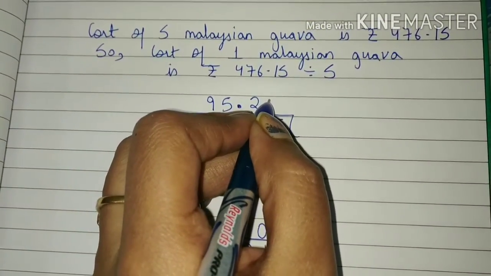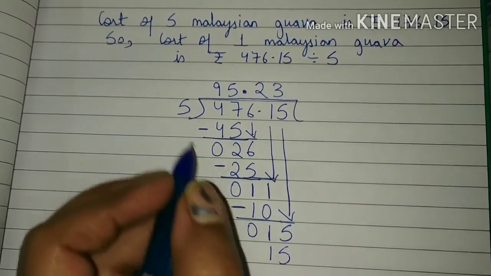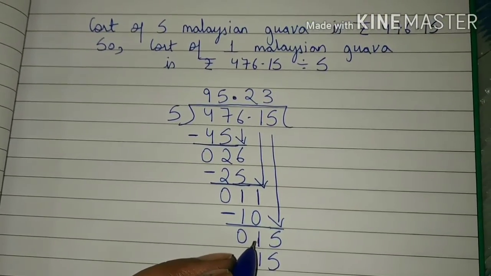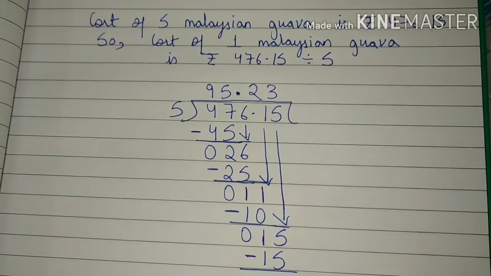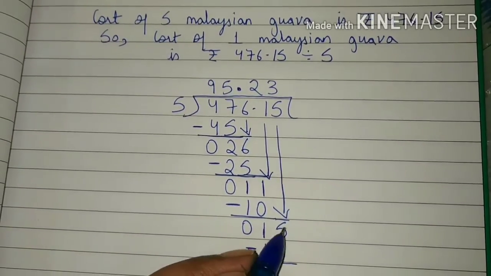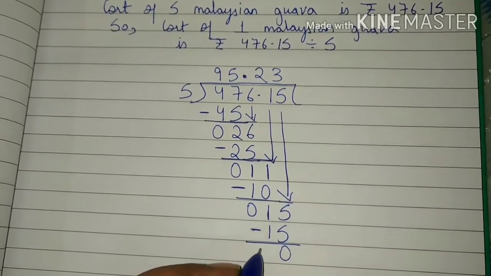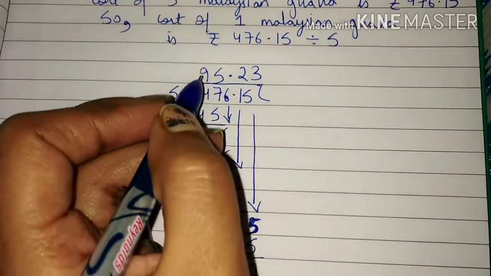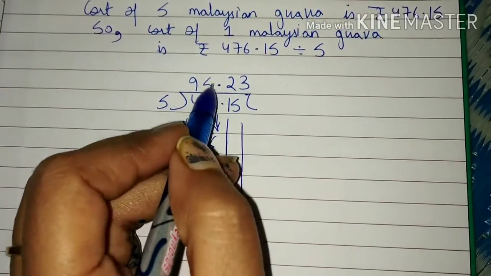So we will write 3 here and then 15 here, because 5 3 ja 15. Now students, we will subtract these two numbers. 5 minus 5 is 0. 1 minus 1 is 0. So students, 95.23, this is your answer.